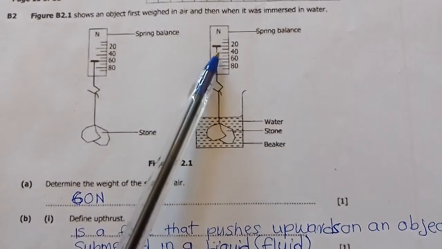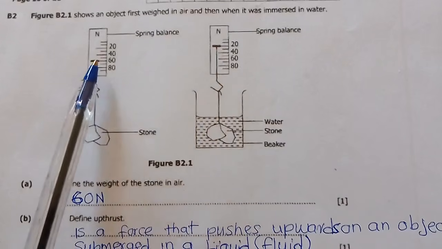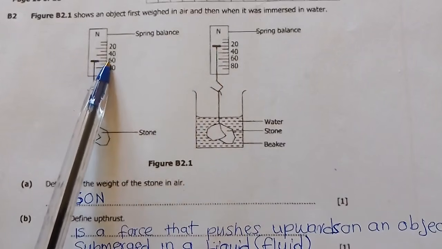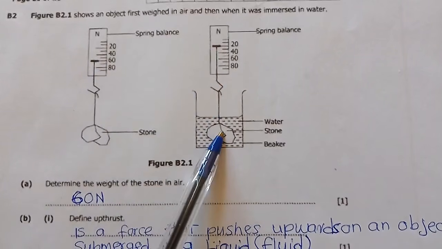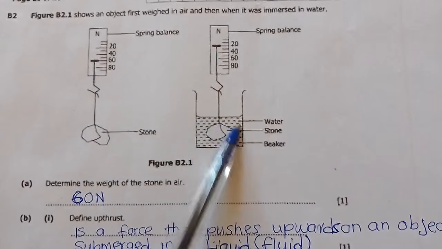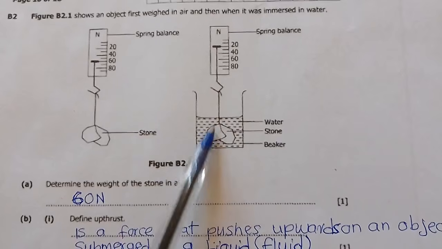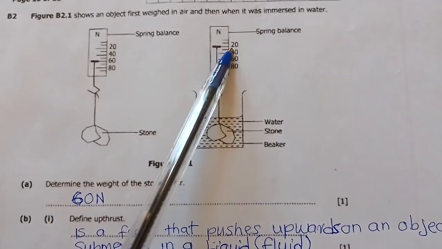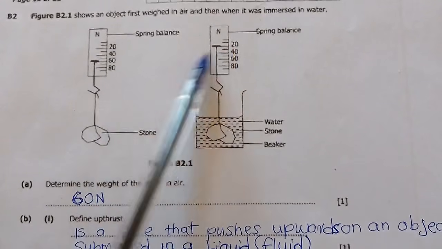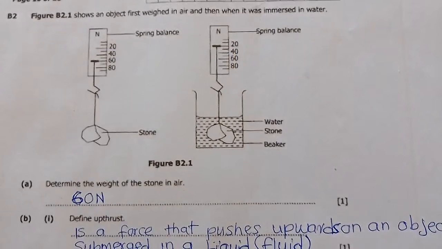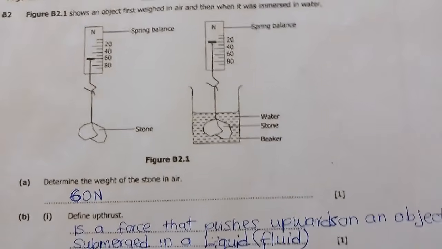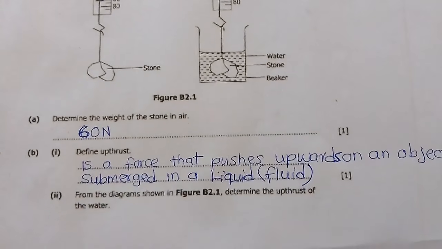Have you seen? At first it was at 60. When it was put into this liquid, it went to 20. So from 60 to 20, what is the difference? The difference there, that is your answer.